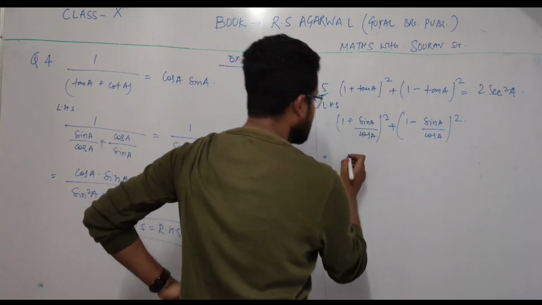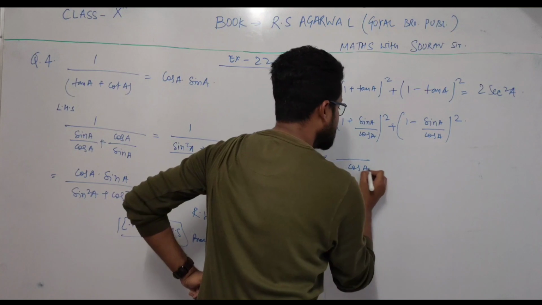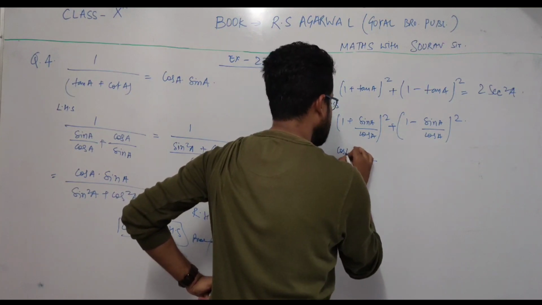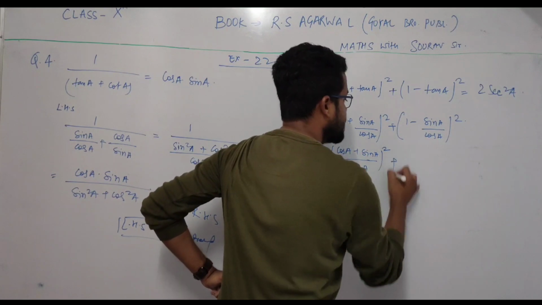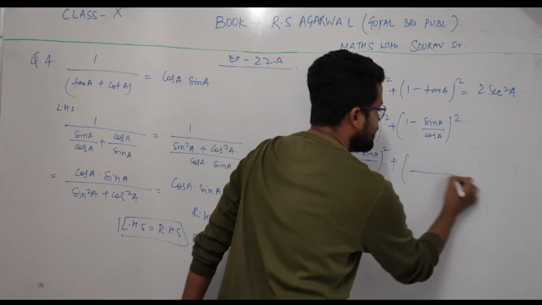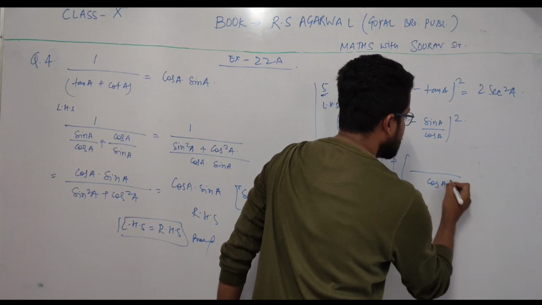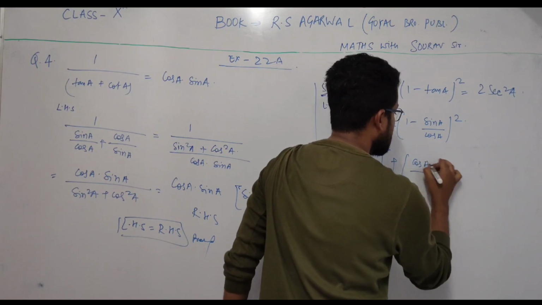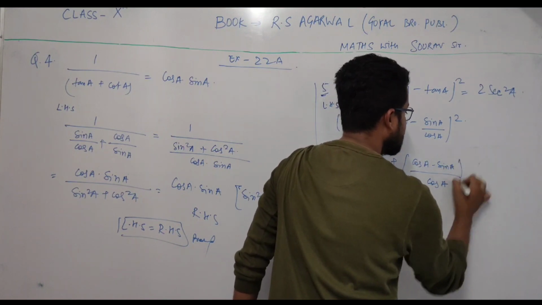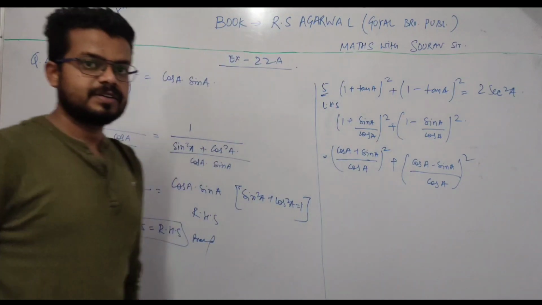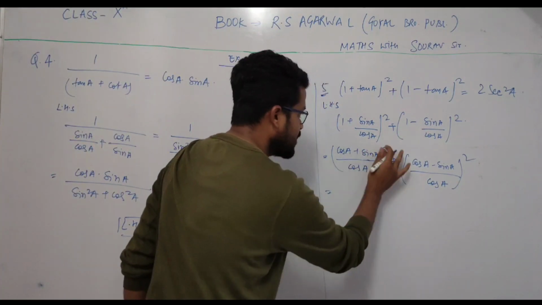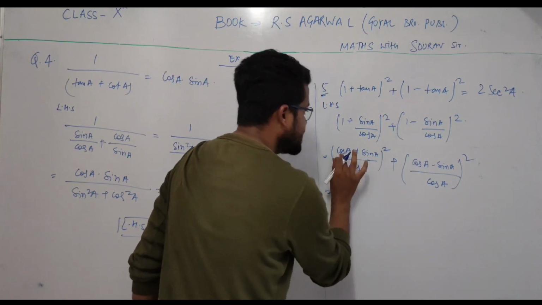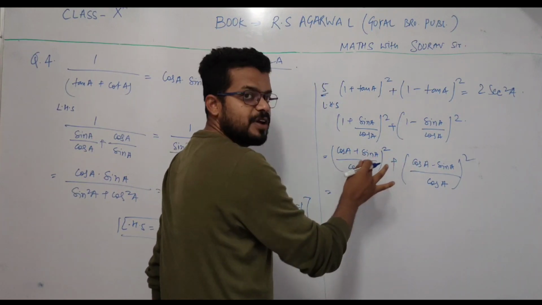So here I take LCM as cos A, and this one becomes (cos A plus sin A) whole square, plus, now again we take LCM cos A, so this is (cos A minus sin A) whole square. Okay, so here this is (cos A plus sin A) whole square, so I write this using the (a plus b) whole square formula.